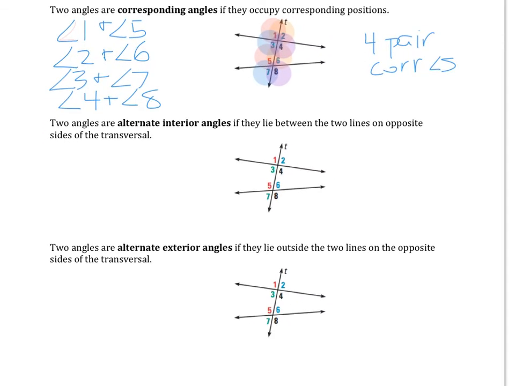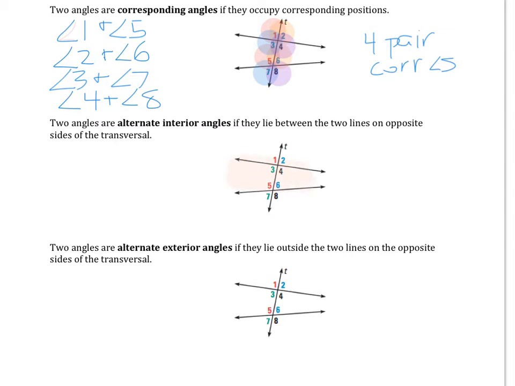Another special type is alternate interior angles. It's basically what the name implies. They're going to lie on opposite sides of the transversal, that's what alternate means, and they're going to be between the two lines.